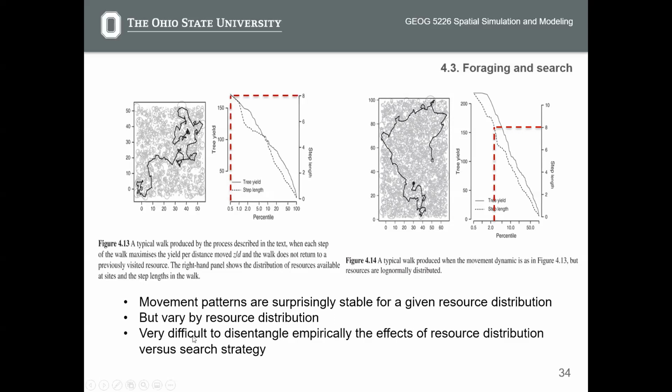So it's very difficult to disentangle empirically the effects of resource distribution, log normal, exponential, or other distribution, versus search strategy. Here we didn't change the search strategy of the forager, and we only changed the spatial distribution of resources.